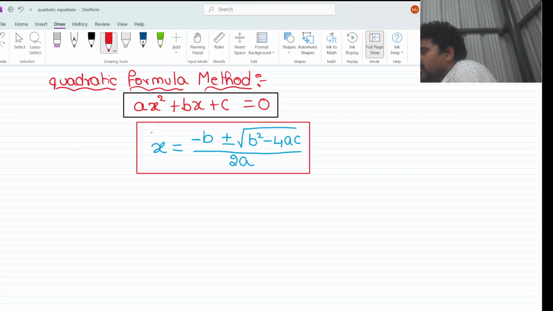Repeat again, close your eyes and repeat. X is equal to minus b plus or minus root of b square minus 4ac by 2a.